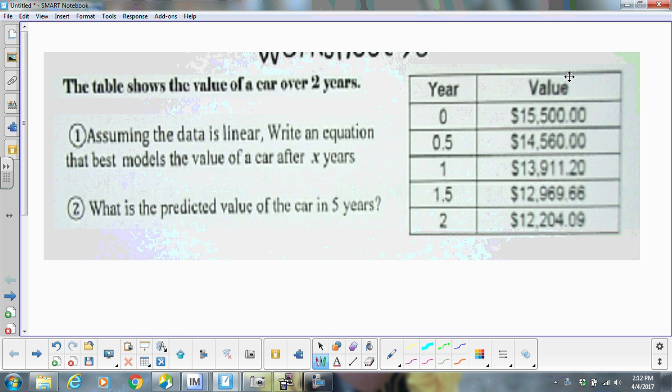So we're going to start by going into Stat Edit, and you're going to type all of your data into L1 and L2. I'm using my regular calculator, not my on-screen calculator, because that one just takes so long.